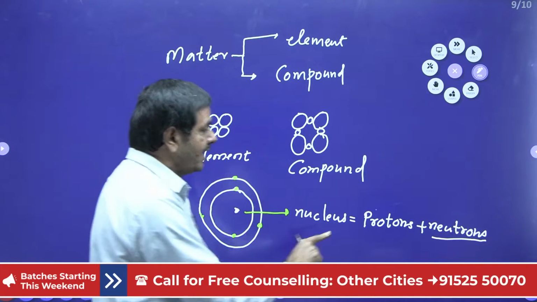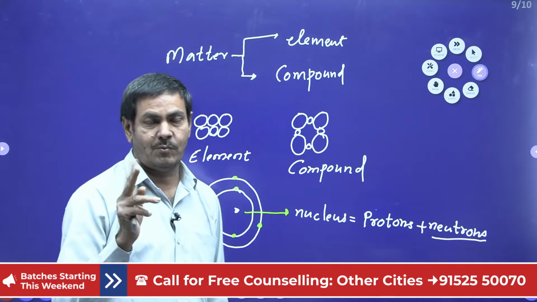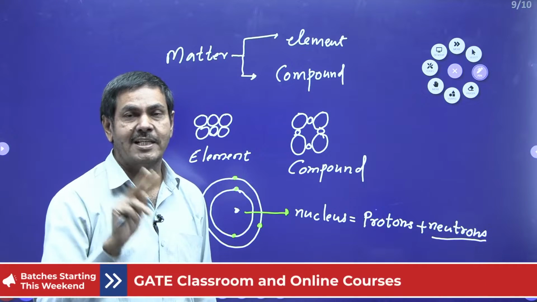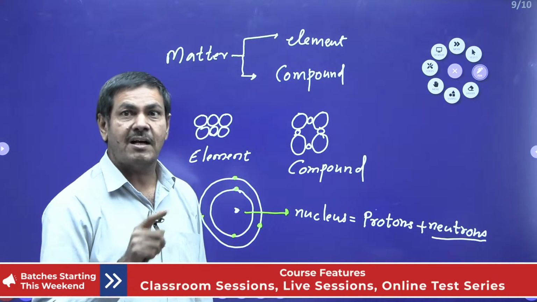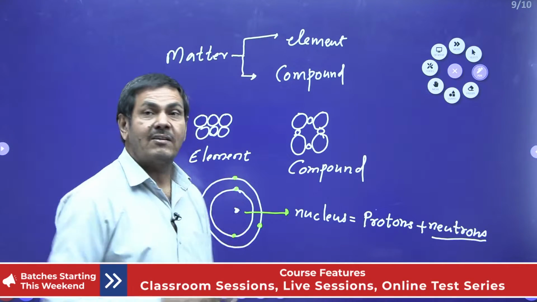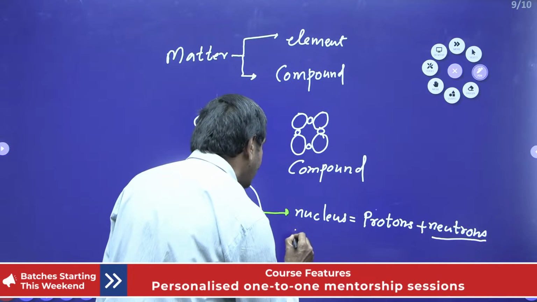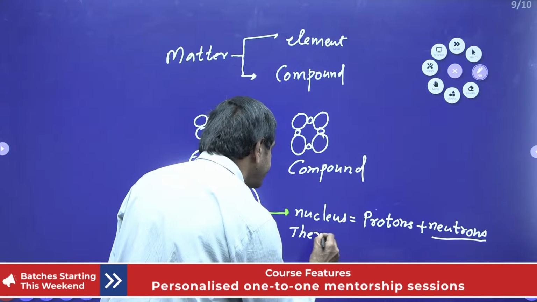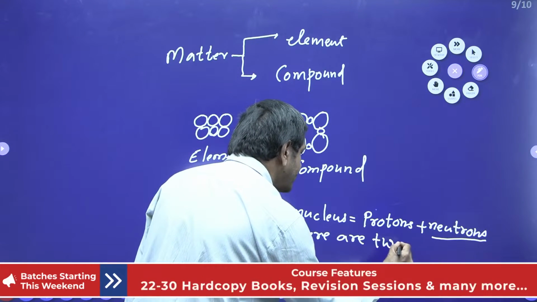Anyhow, here we can find protons and neutrons. Charges are of two types: one is positive charge, one is negative charge. The protons have the positive charge, and electrons have the negative charge. That's why there are two types of charges here.